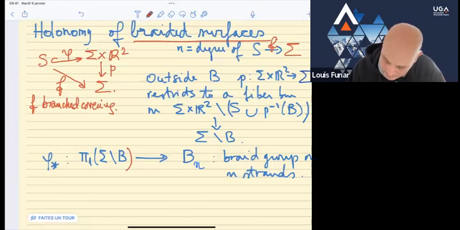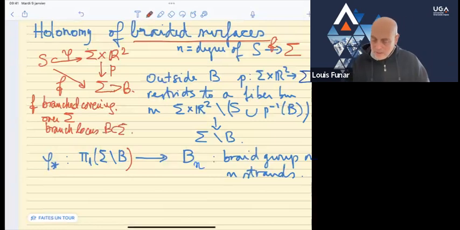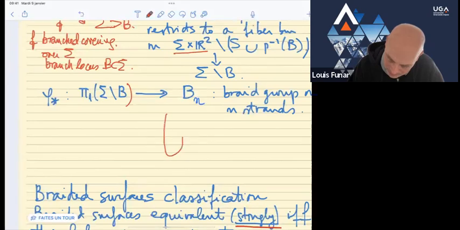And now, outside the set B of branch points, so branch cover over sigma, a branch set, branch locus B inside sigma, outside B you have just a fiber, which corresponds to sigma cross R2 minus S union P inverse of B over sigma minus B. And this is precisely, no picture like that.